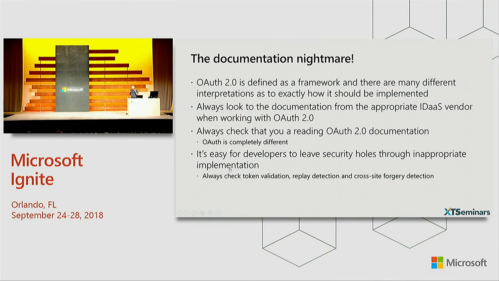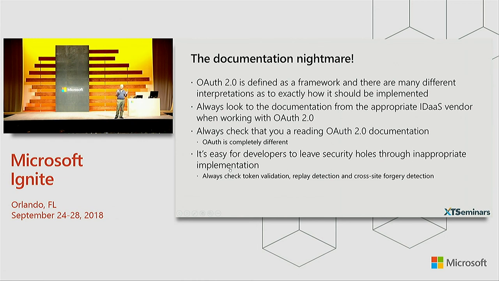Just to sum up, there's a bit of a documentation nightmare if you're trying to learn OAuth2 and OpenID Connect, because OpenID Connect should be the same across all vendors. OAuth2 definitely isn't. If you read somebody's documentation, they'll have implemented it this way, somebody else will implement it that way.